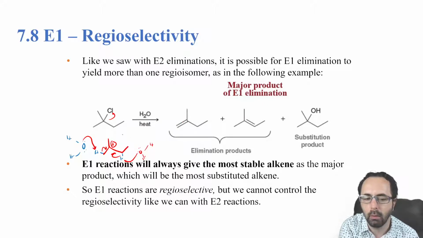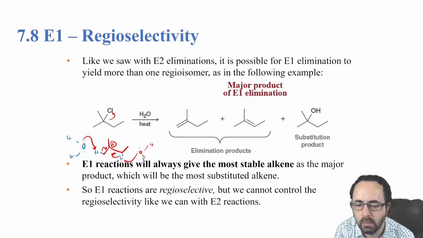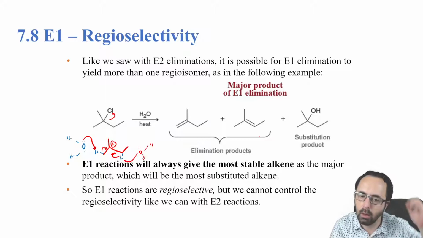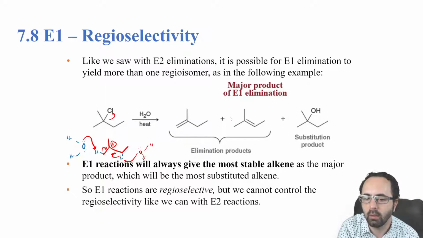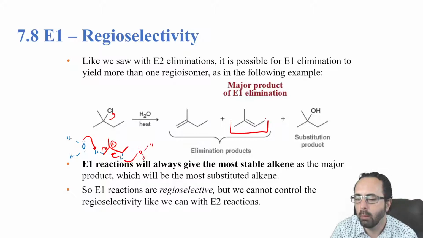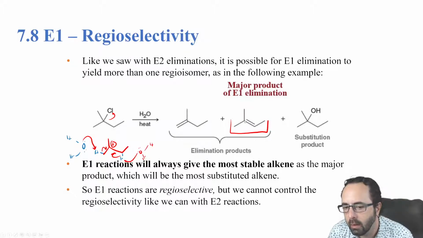This spot here is equivalent. On the left here or in the middle, we get either elimination product. Of course, the major product will be right here. Why would that be the major product? Well, it's because it's more thermodynamically stable with three carbons attached to the double bond.